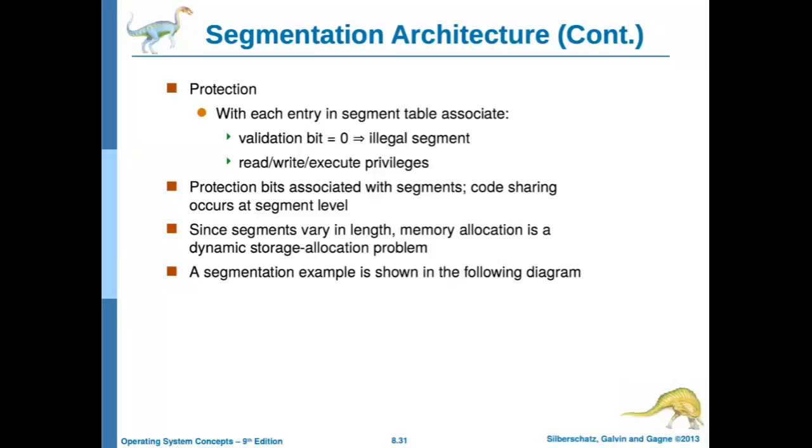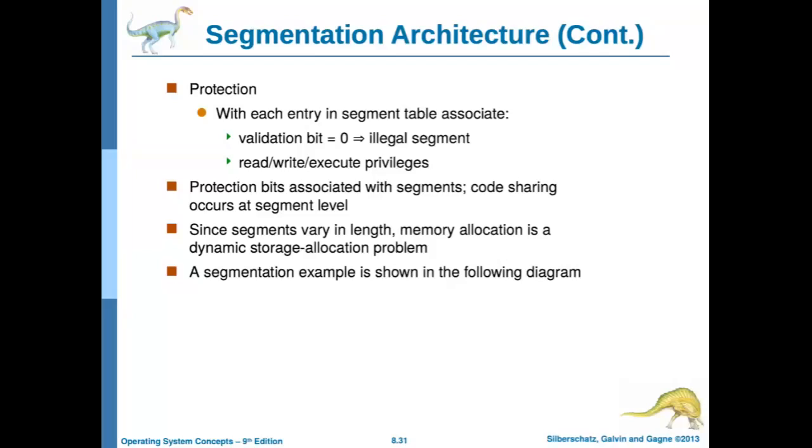So that is one check. Now if I found the proper segment, then I need to check the offset with the limit. So always remember, the segment number will be checked against STLR and offset will be checked against the limit, or whatever the size for that segment.